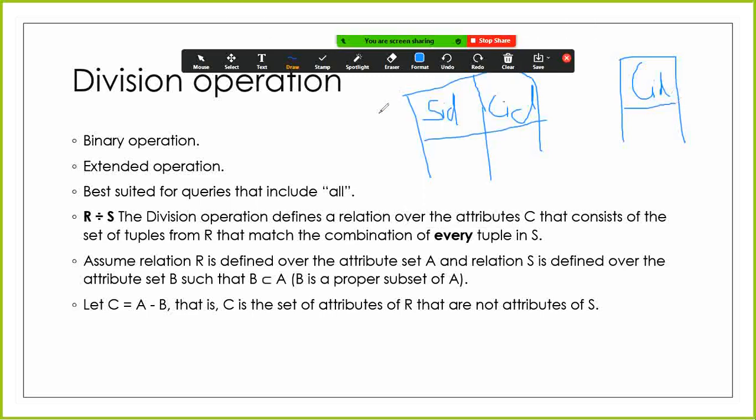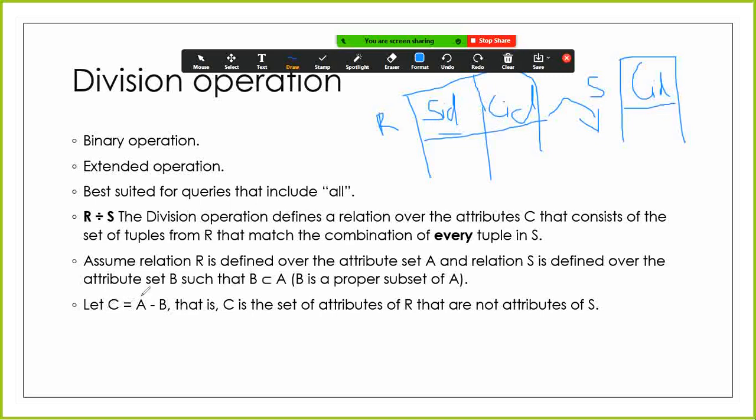Now this is relation R and this is relation S. This is the attribute set A, SID and CID, and this is the attribute set B. So now you can see that B is a proper subset of A because all the attributes in B are present in A, CID is present in A, but there is at least one attribute which is not present in B. So you can say that this is a proper subset of A.